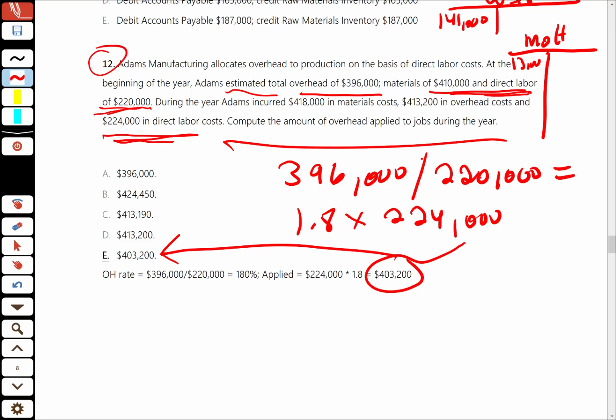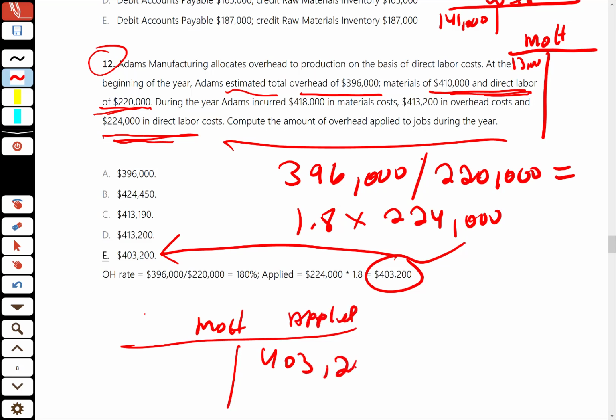Am I under or over applied? Do them like this, guys. I'm telling you. Put it in a T account. Applied is what? This is manufacturing overhead. And the applied is on the credit side, right? Yeah. Which is the 403. Okay, good.